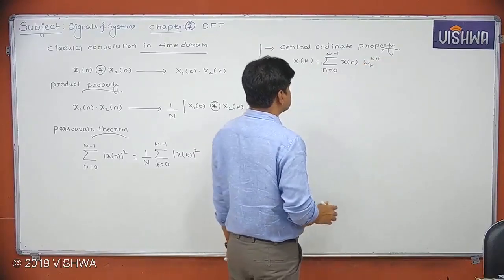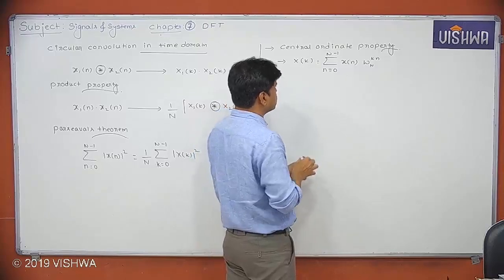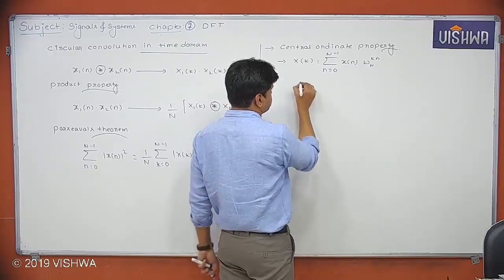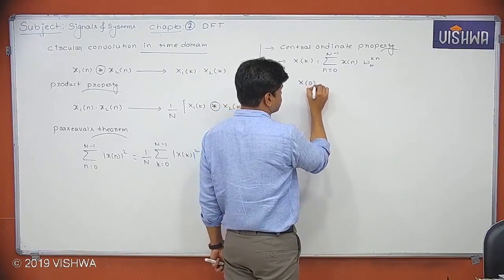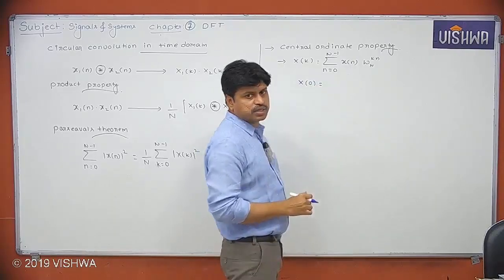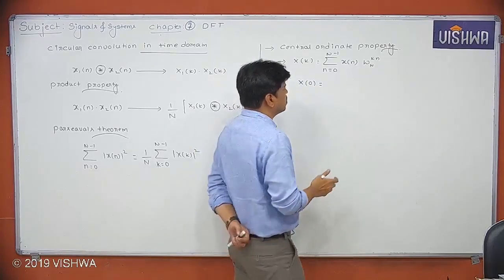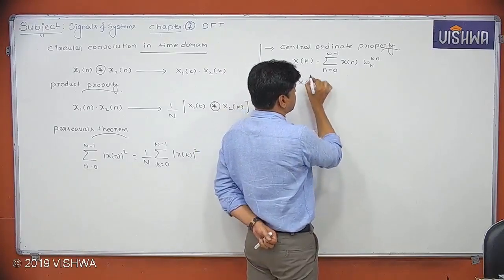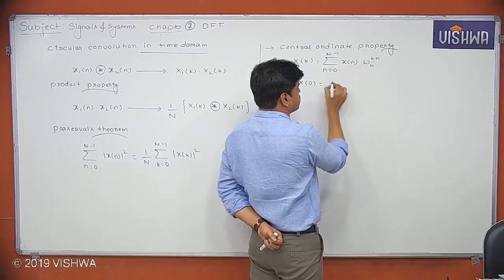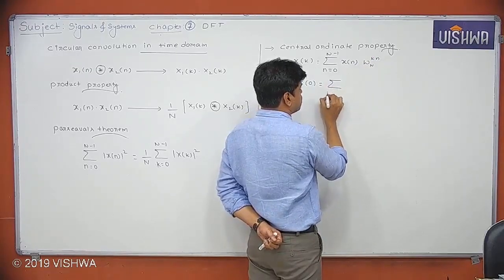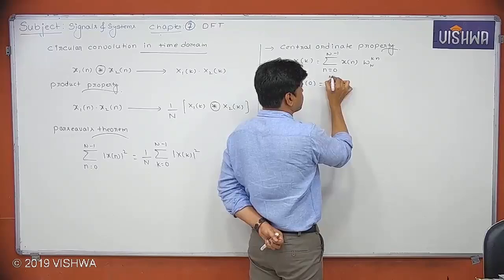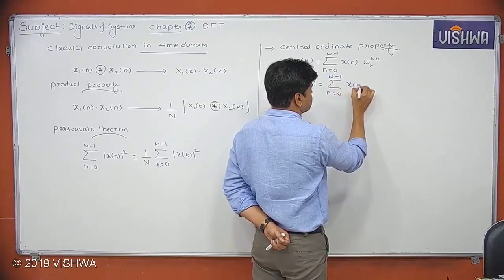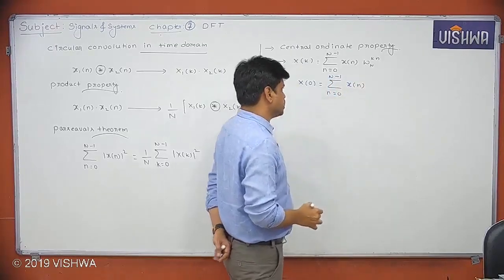Now, suppose I want to get X of 0. What are we going to get? This is k value 0, so this value will become 1. Then summation n is equal to 0 to N minus 1 x of n. So those samples we have to sum.